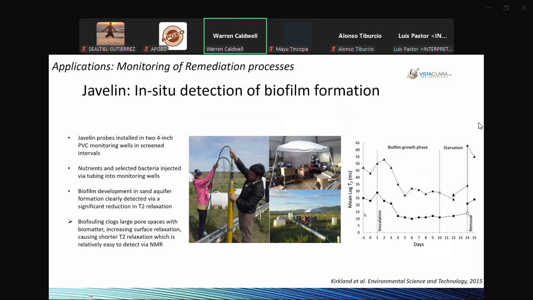So here are some examples of NMR being used in novel ways in environmental remediation.